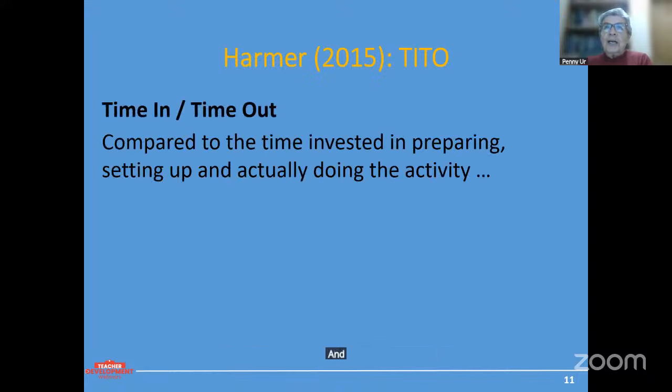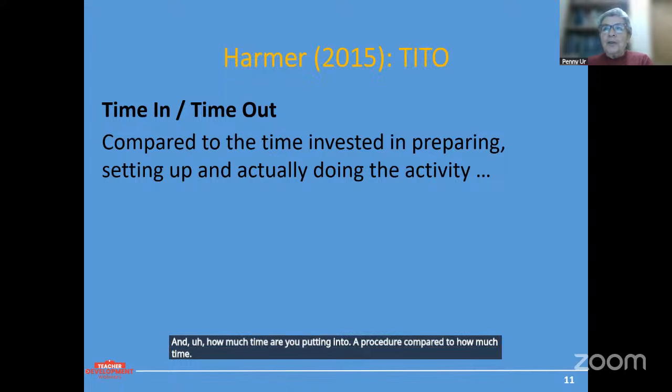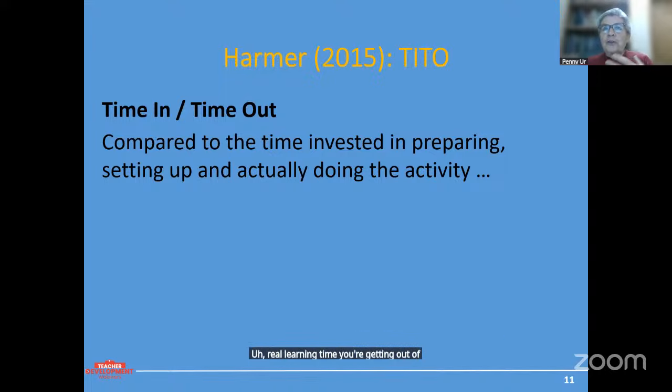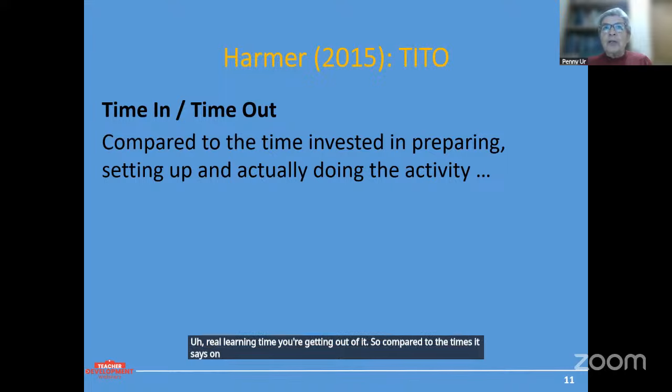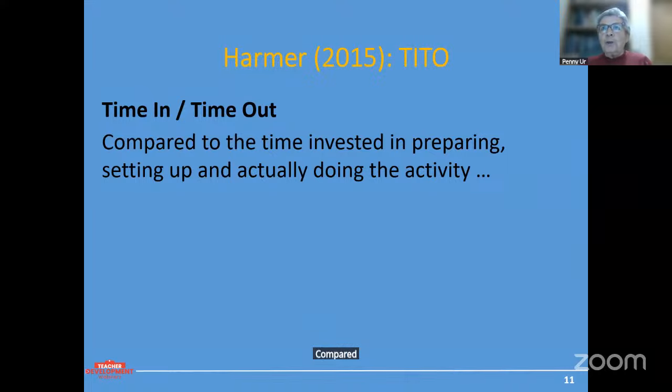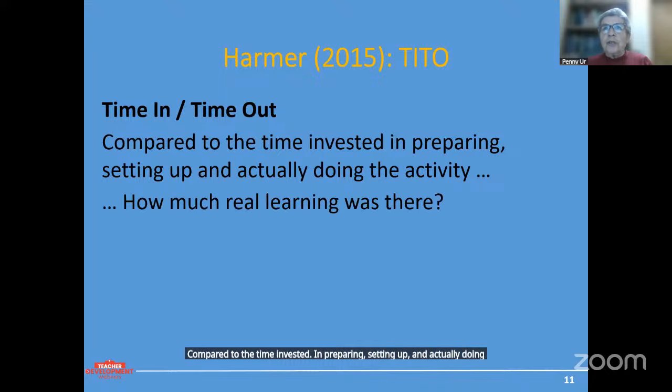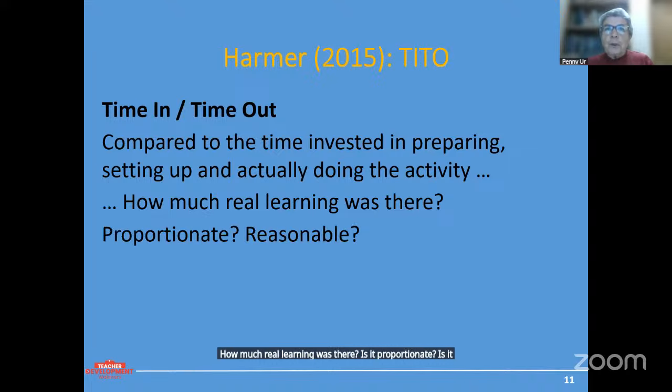How much time are you putting into a procedure compared to how much real learning time are you getting out of it? Compared to the time invested in preparing, setting up, and actually doing the activity, how much real learning was there? Is it proportionate? Is it reasonable?